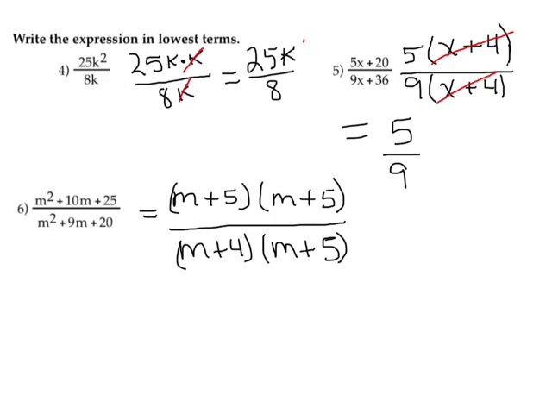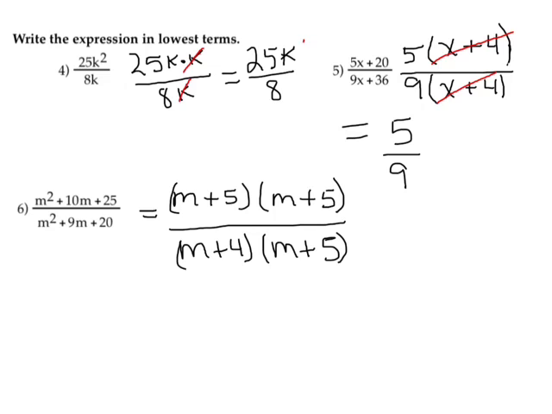Now we're going to eliminate any factors that appear in the numerator and denominator at the same time. I've got m plus 5 times m plus 5 over m plus 4 times m plus 5. The question always comes up: which do I eliminate? This one, this one, or all of them? What you're going to do is match one with another.